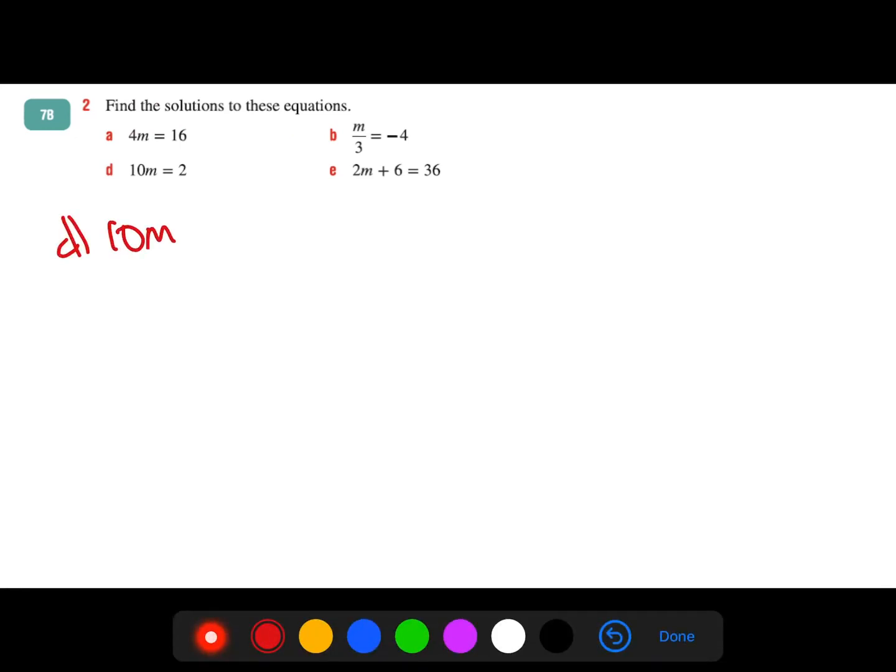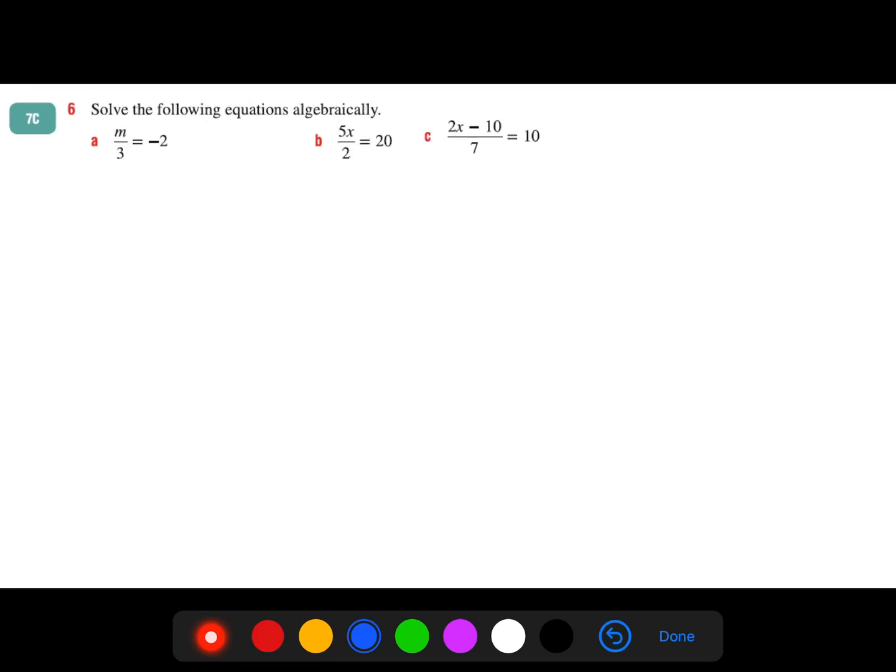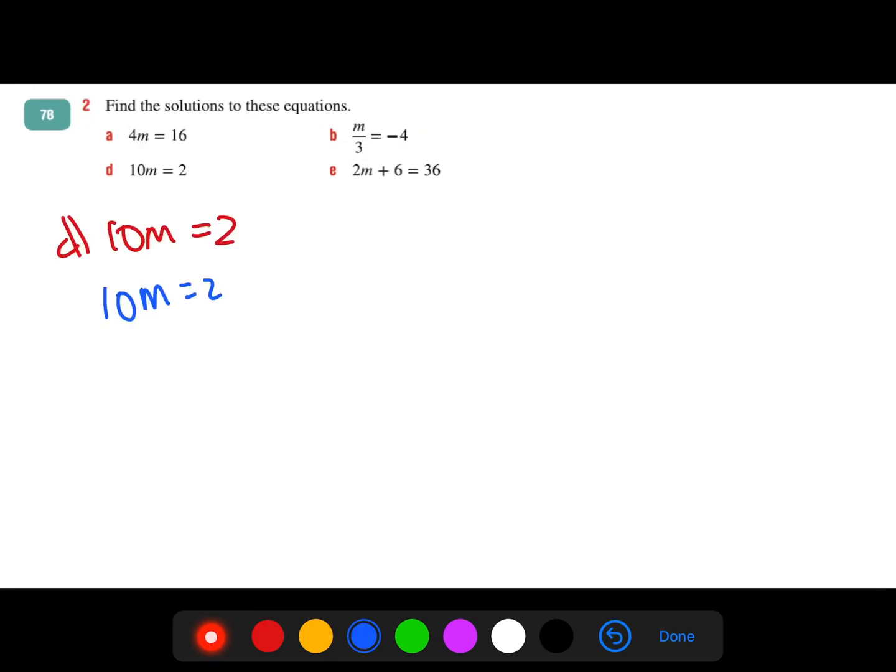d: 10m is equal to 2. Now I know that m has to be a number smaller than 10, so when I multiply it with 10, I get the answer 2. To do this, I would solve it algebraically again. So 10m, I'll just write this. Now I want to isolate m on the left-hand side.